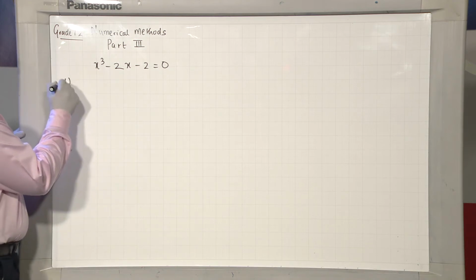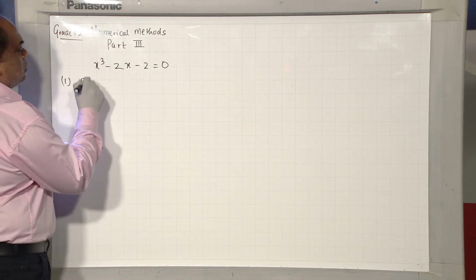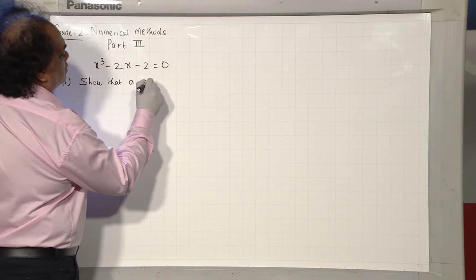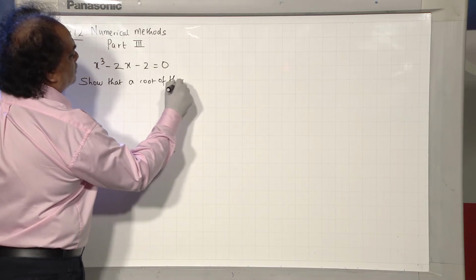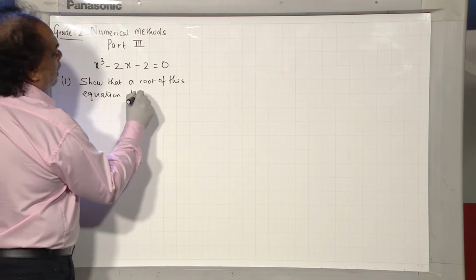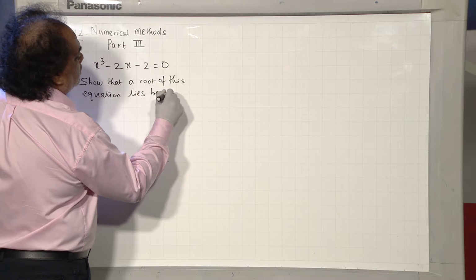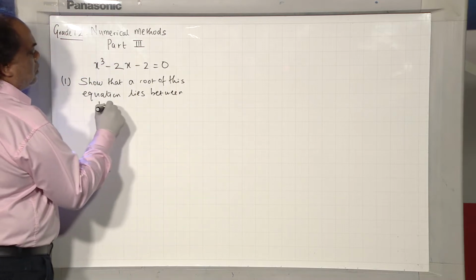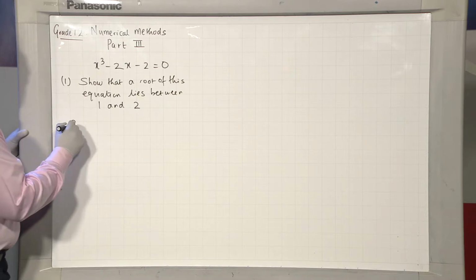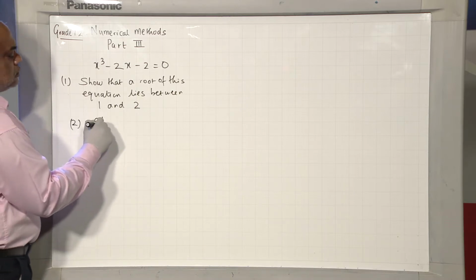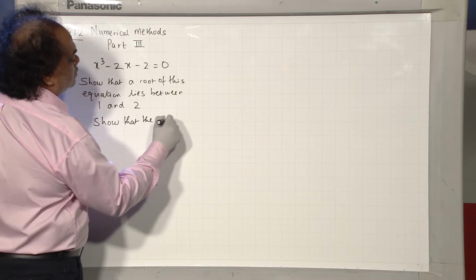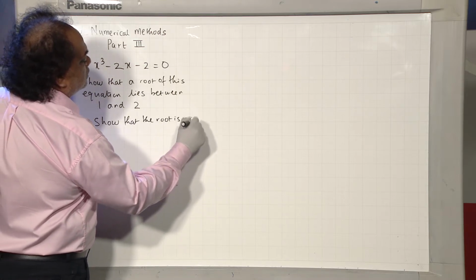First part of the question says, show that a root of this equation lies between 1 and 2. Second, show that the root is unique.